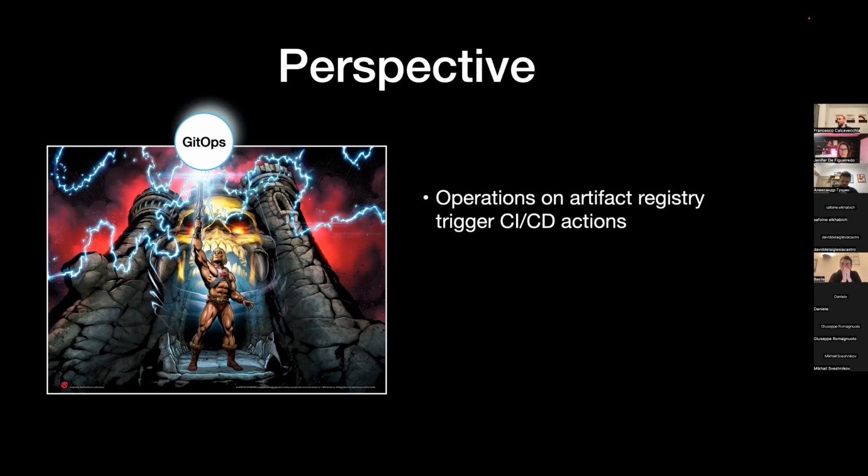Maybe there's a pipeline that is running some tests, maybe behavioral tests to check if the model corresponds to the business requirements. And if successful, maybe they will register the model. Okay, so registering means a new tag. Maybe this will trigger a new CI/CD pipeline.